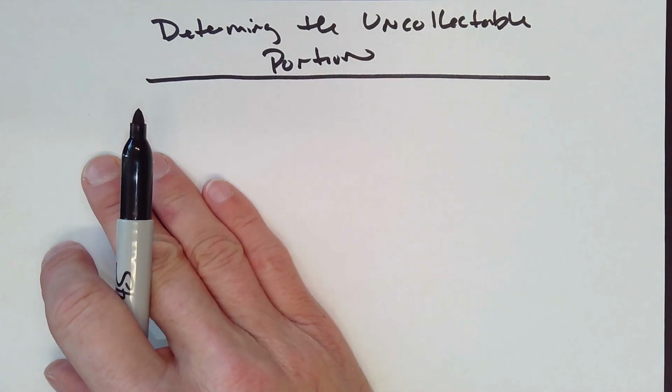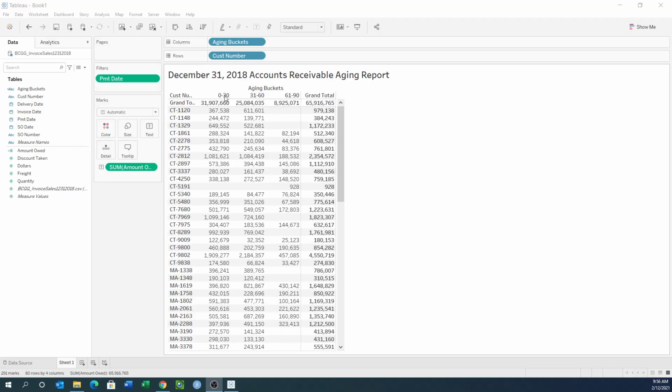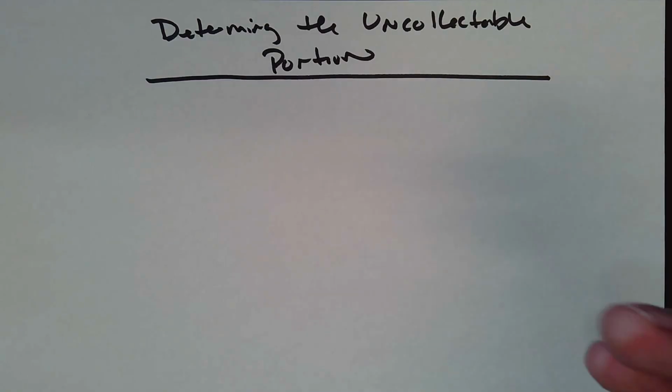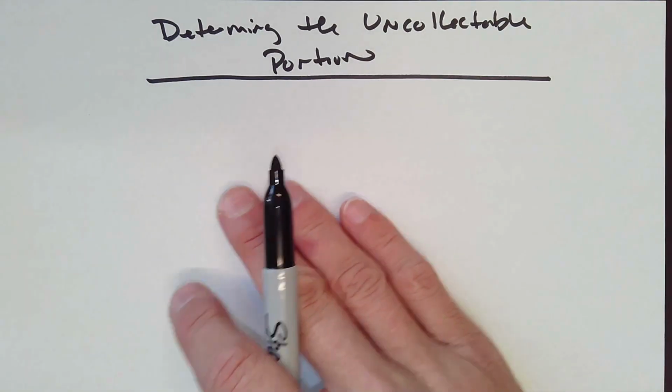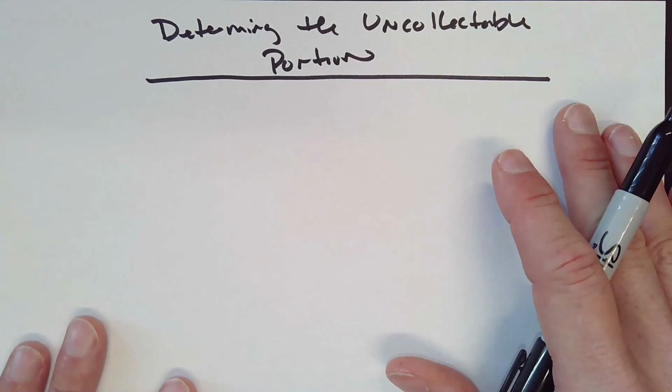The variables I have are my aging report, and I'm hoping I've got other experience about what percentages ultimately become uncollectible in these three buckets. The data I have is the aging report and some other stuff that I don't have in Tableau.